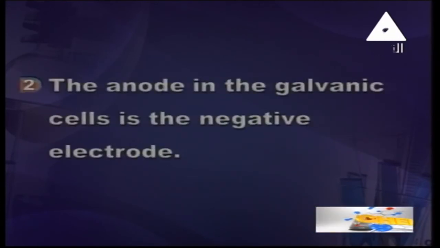Number two, second question. The anode in the galvanic cells is the negative electrode. Why?